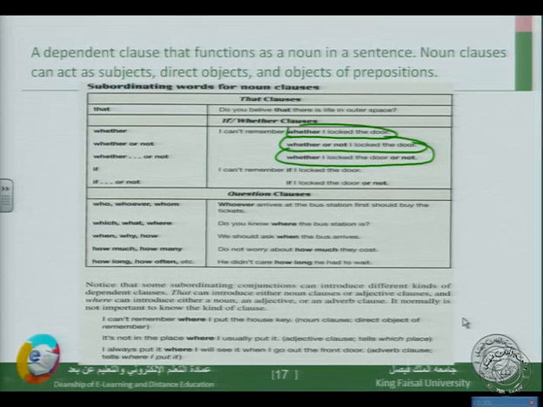I cannot remember if I locked the door. This is also a noun clause.